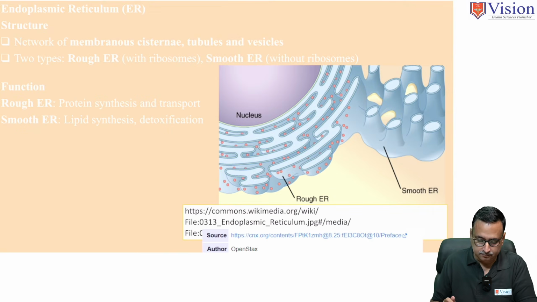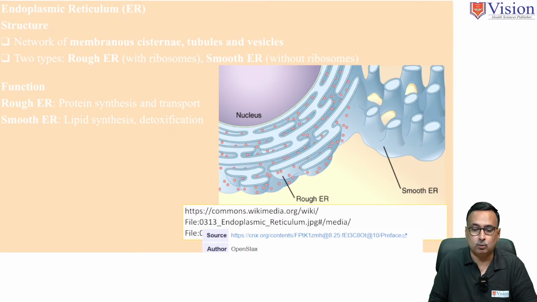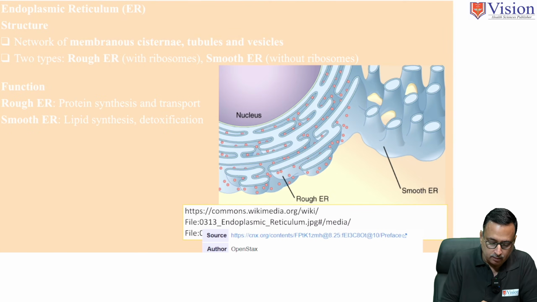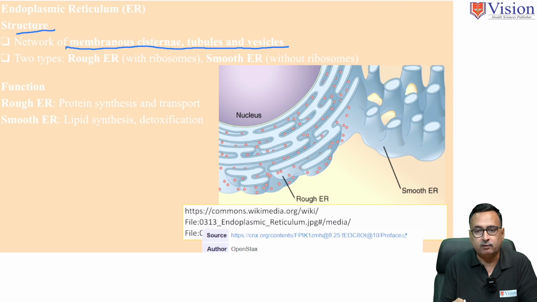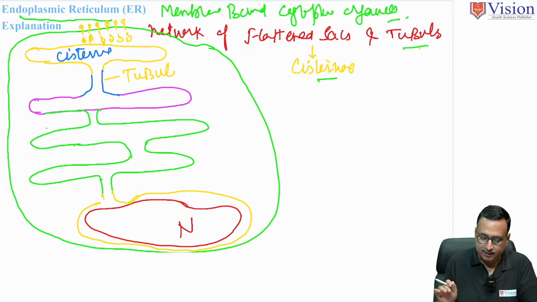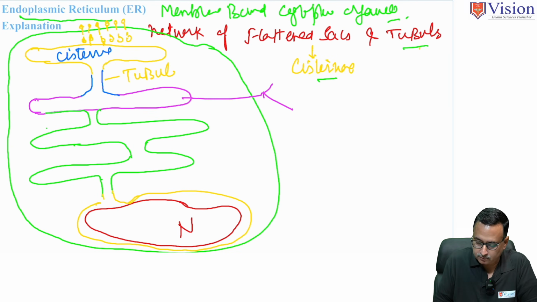Let's see the diagram. It gives you a better overview. Regarding structure, it is a network of cisternae, tubules and vesicles. What is a vesicle? In this diagram, a cisterna is the site for synthesis of two components, proteins and steroidal hormones or steroids.